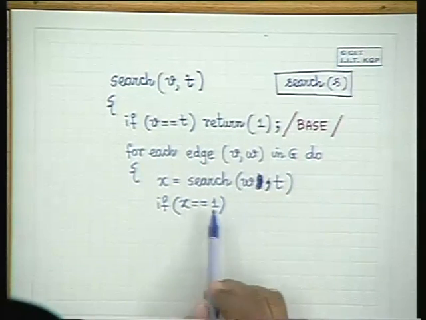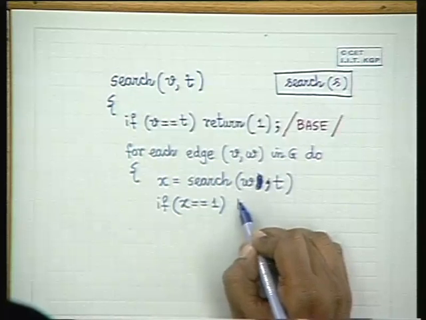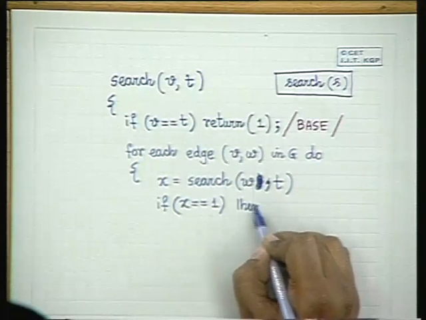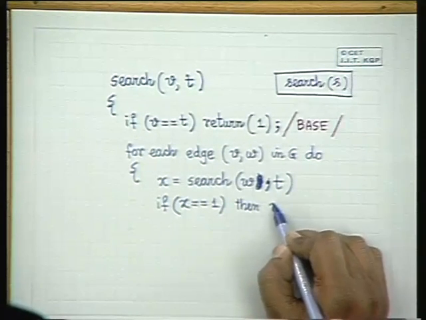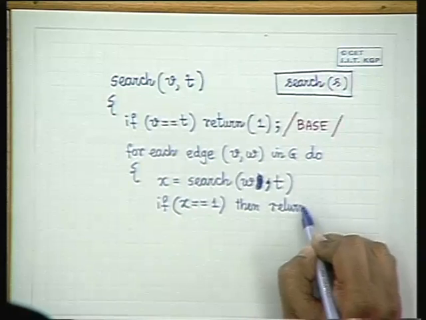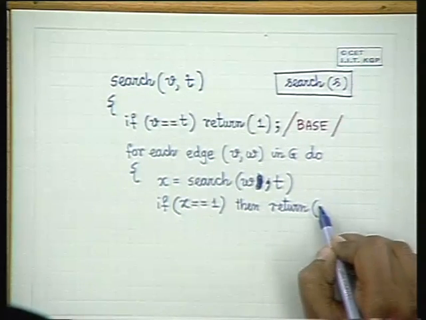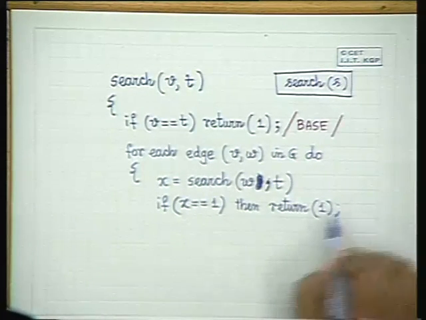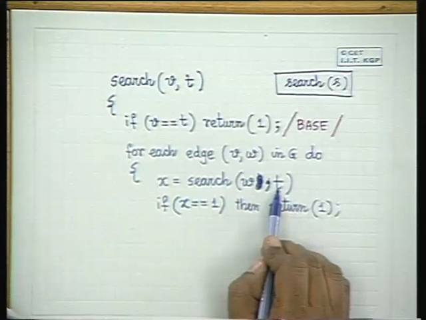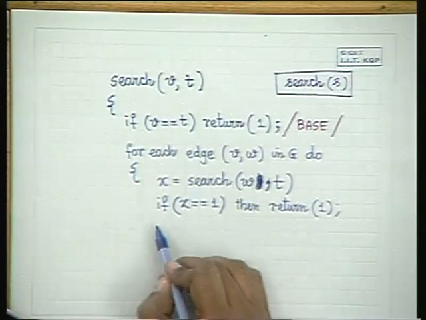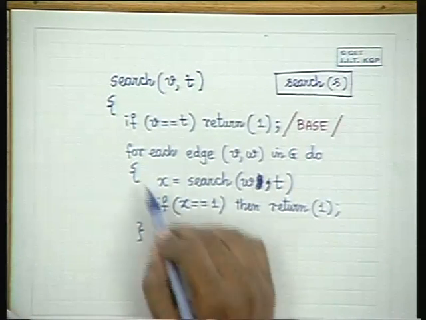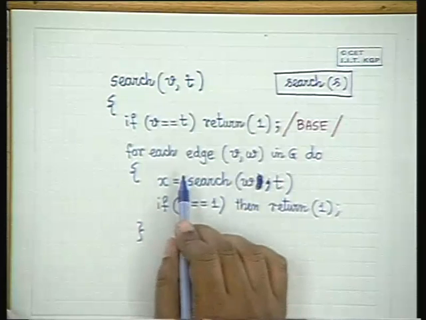and if you return with x, then return with 1, because if you have found a path from w to t, then you will get it, and you continue to do with all the edges.